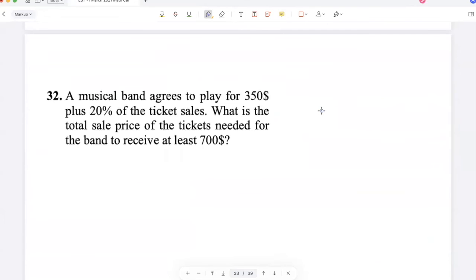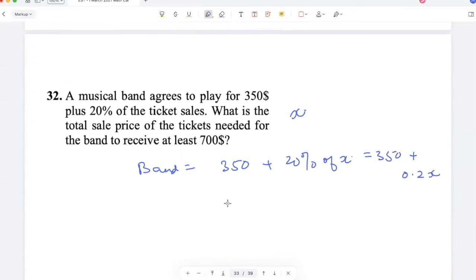A musical band agrees to play for $350 plus 20% of the ticket sales. What is the total sale price of the tickets needed for the band to receive at least $700? Okay, so let the total sale price of the tickets be x, then the band earns 350 plus 20% of x, which is 350 plus 0.2x. And this should be at least 700.